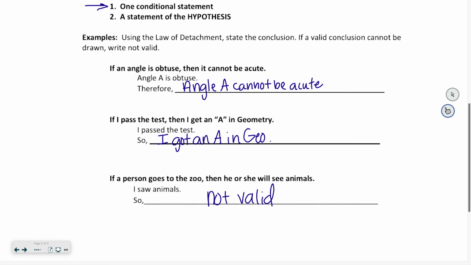If you look at the first two, what did I repeat? I repeated the hypothesis. So if I repeat the conclusion, not valid. Okay?